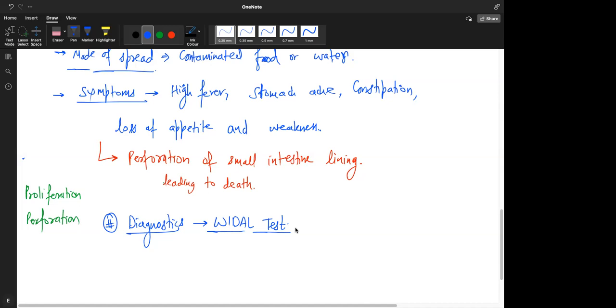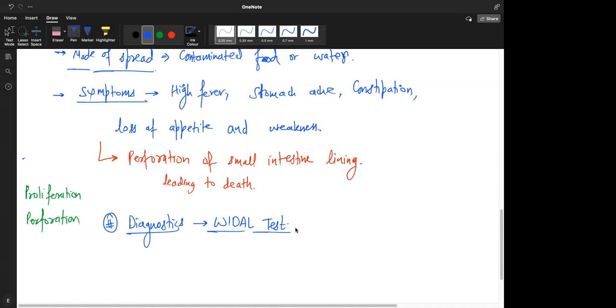Write down: the Vidal test is a kind of antibody antigen reaction test, where the presence of Salmonella typhi bacteria is diagnosed from the blood tissue.